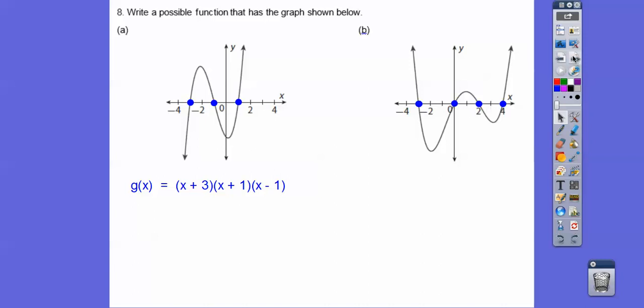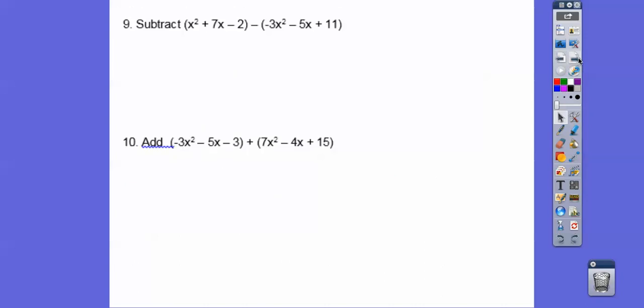Okay, and then if we clean that up, let's float this x minus 0 out in front. So something like that. All right, so subtract. Let's put the negative through on this guy right here. So if we do that, we get that, and then I like to line these up vertically, so x squared and 3x squared and 7x and 5x and negative 2 and negative 11.